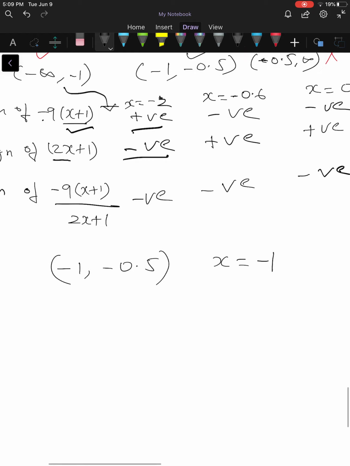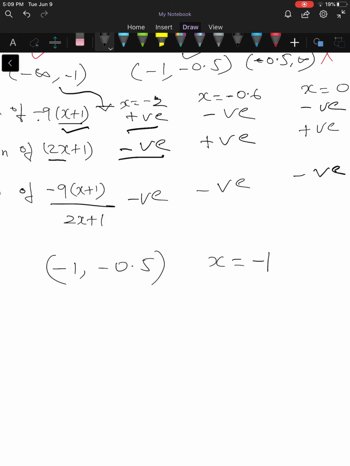So when x is negative 1, you have 9 of negative 1 plus 1, which is 0. So your inequality cannot be equal to 0. This is ruled out. 2x plus 1 would be 2 of negative 1 plus 1, which is negative 2 plus 1, negative 1.